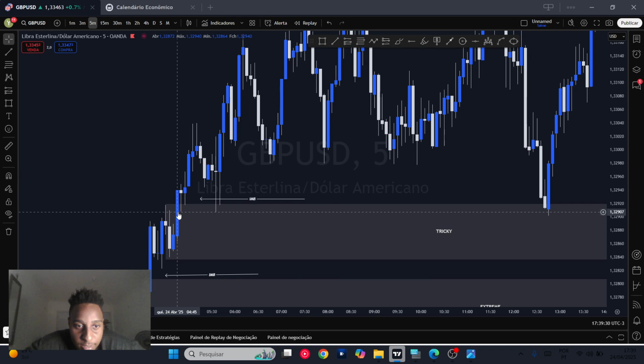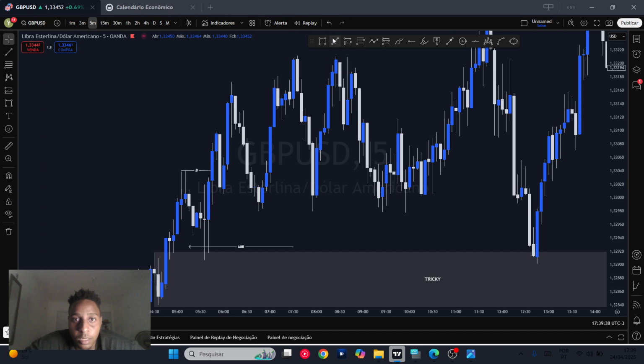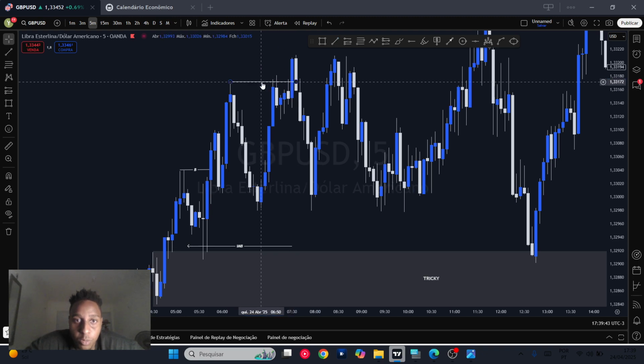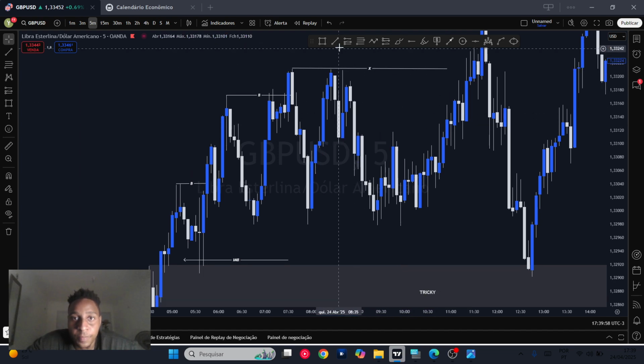The imbalance is still here, this candle, and basically price broke structure here, break of structure, price broke structure here, break of structure, and price left this high right here after breaking structure. So this was the structure that must have been broken. So this was the target range.